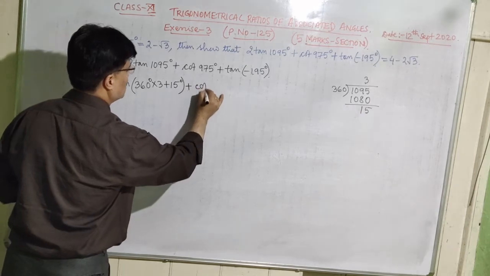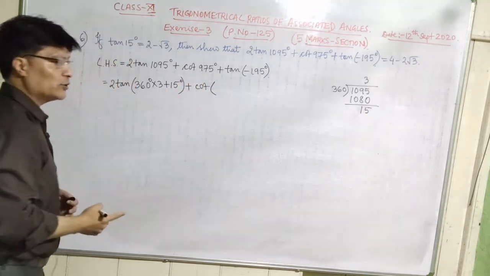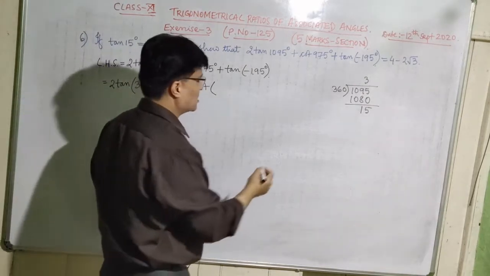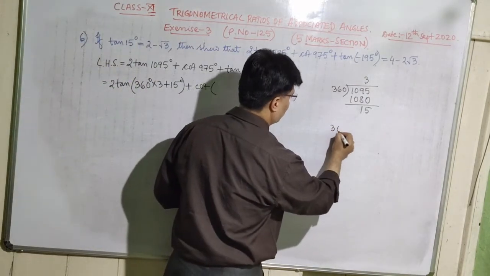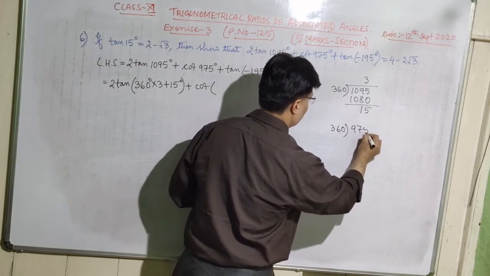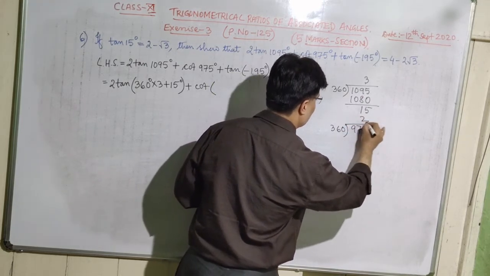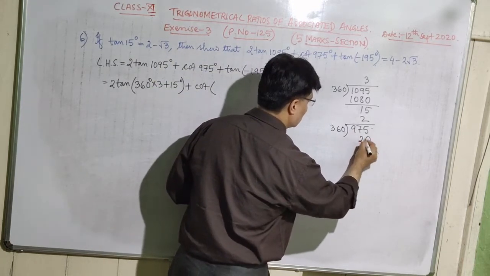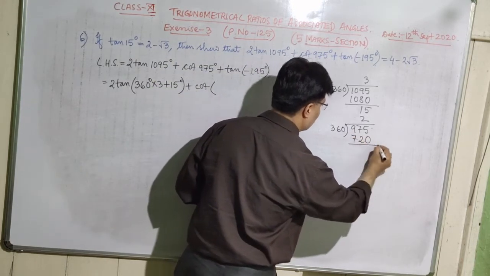Plus cot. So here also 975 degree is there. So this is also more than 360 degree. Let us divide it. 360 will divide 975. So it goes 2 times. So 2 zeros are 0, 2 6 are 12, 2 1 3 2 are 6 plus 1 is 7.